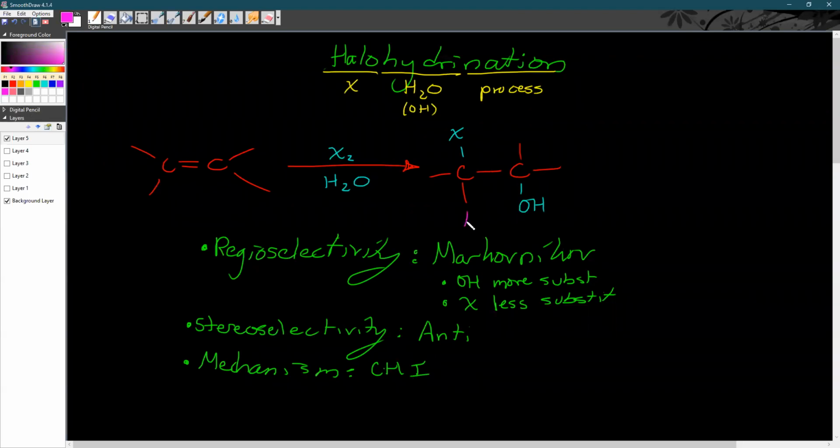The product that we form is something called a halohydrin. Okay? So, we could say that this is the halohydrin process, but it's better to just break it down and say this is the halogen water compound or the halogen water process. Okay?